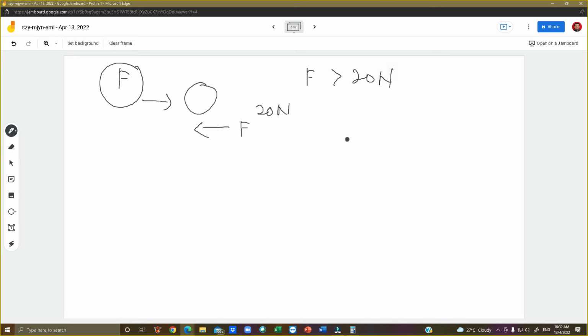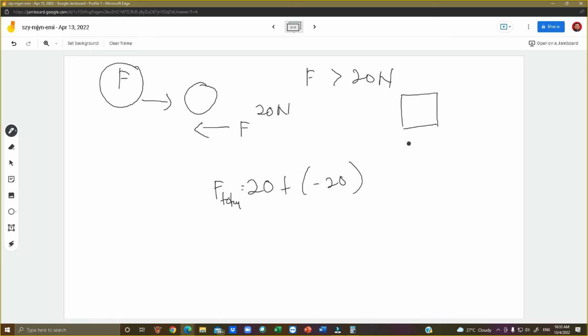Kalau kamu letak 20, bila kita kira total amount of force, it will be force total 20 tolak 20. Objek tak bergerak.